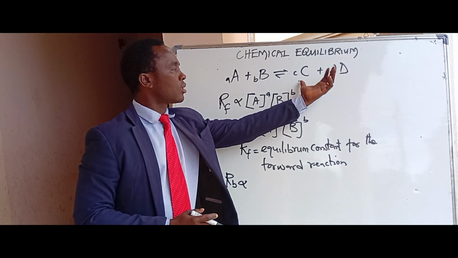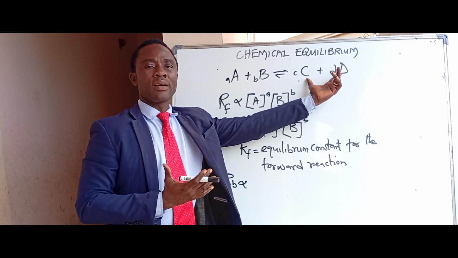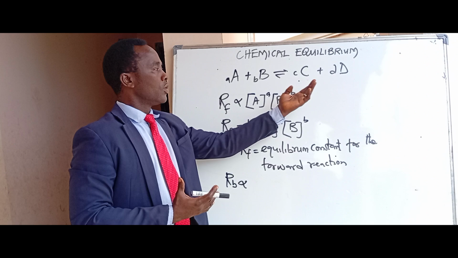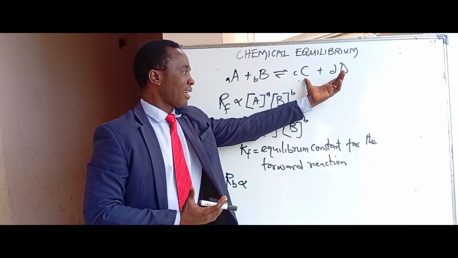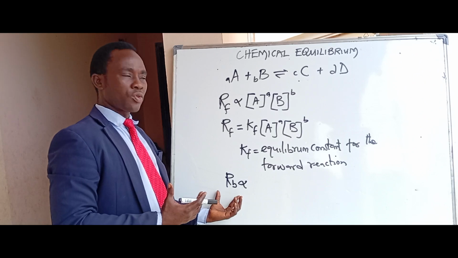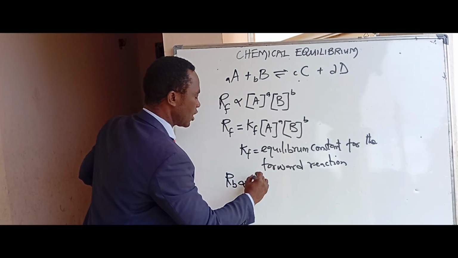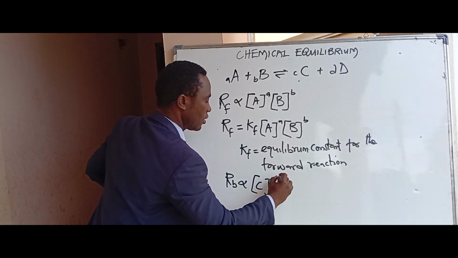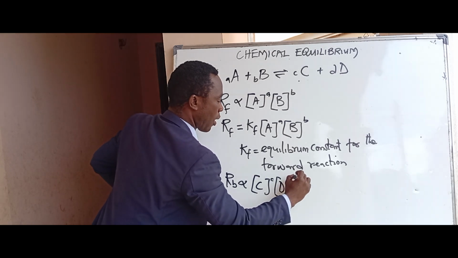Remember, for the backward reaction, C and D are now our reactants, and the products are now A and B. So we are now using C and D as the reactants when we talk about the backward reaction. So the rate for backward reaction will be proportional to the concentration of C raised to the power c, then the concentration of D raised to the power d.